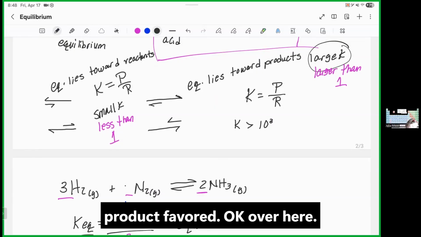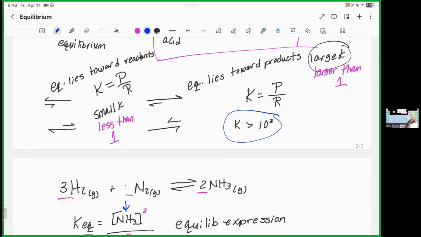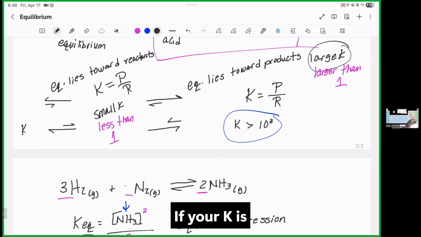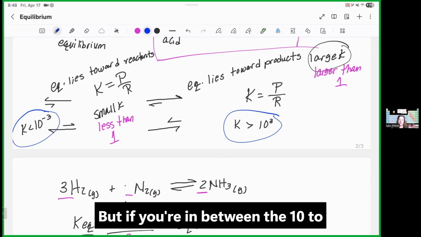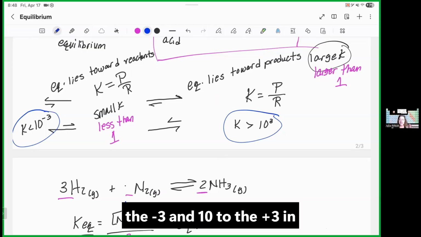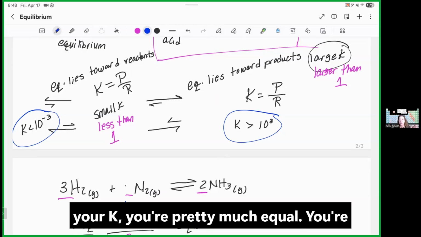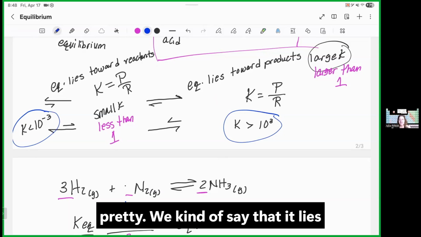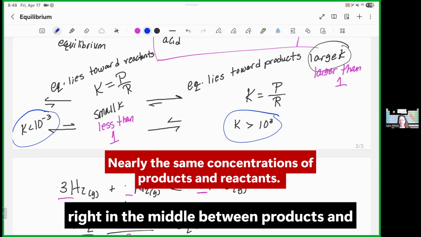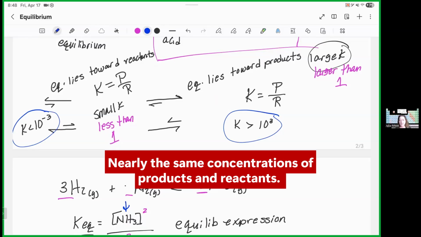Over here, if your K is less than 10 to the negative 3, you're reactant favored. But if you're in between 10 to the negative 3 and 10 to the positive 3, you're pretty much equal. We kind of say that it lies right in the middle between products and reactants.